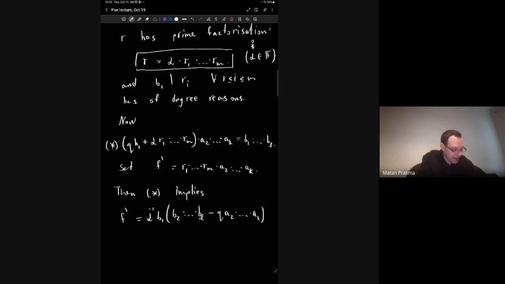Right? So I just renamed something as F. I have here this guy in pink is F, and then I just move things to the other side, take a common factor, I get this double star.